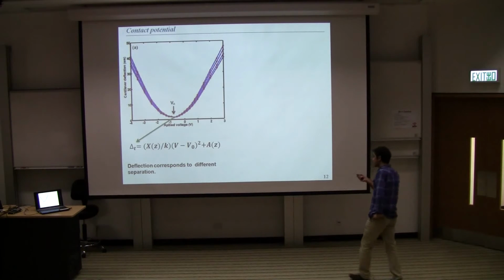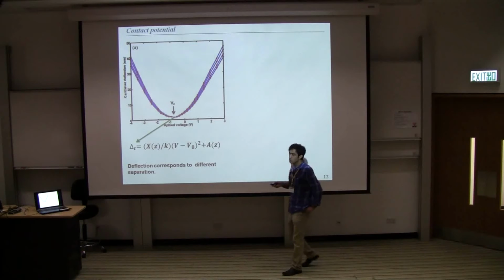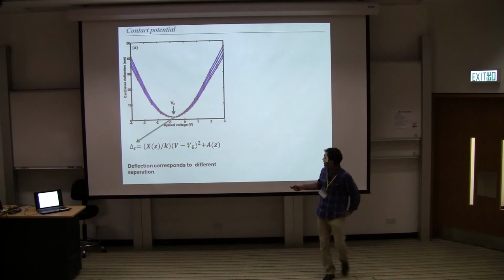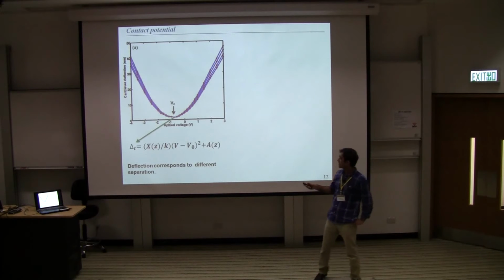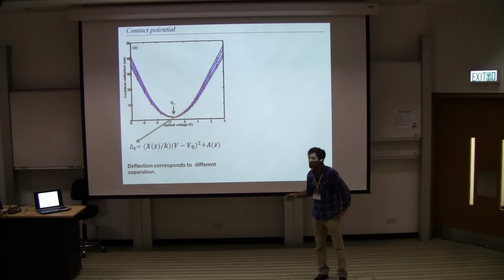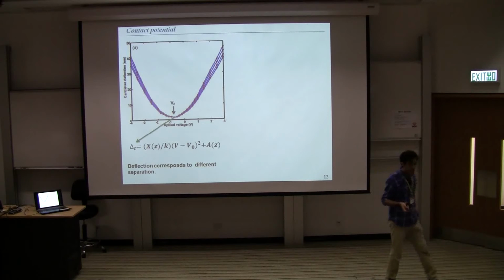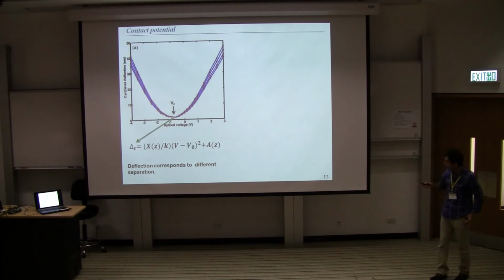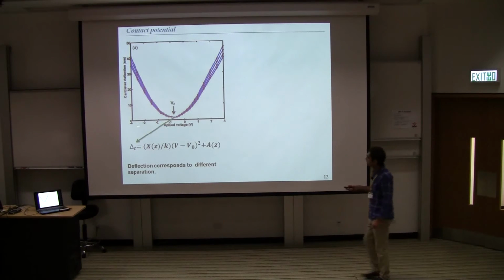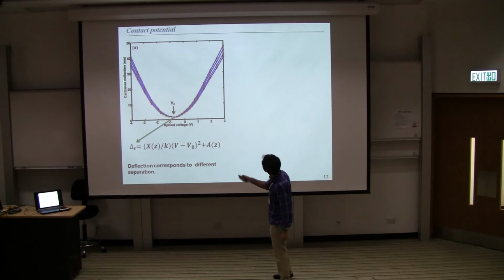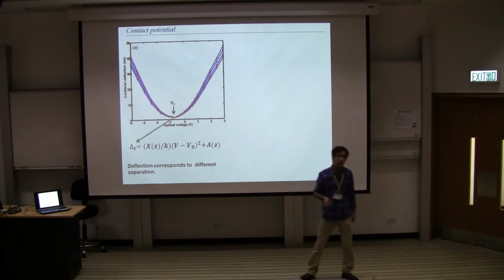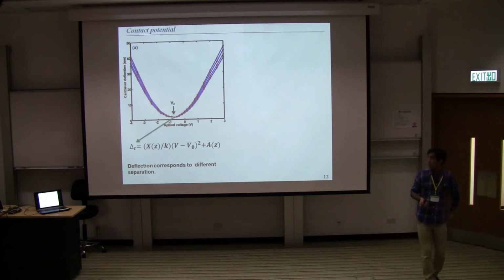From that formula, we saw that the force depends on this term, which shows that the deflection is going to have a parabolic behavior. So we applied the voltage in this range and plotted the cantilever deflection versus applied potential.